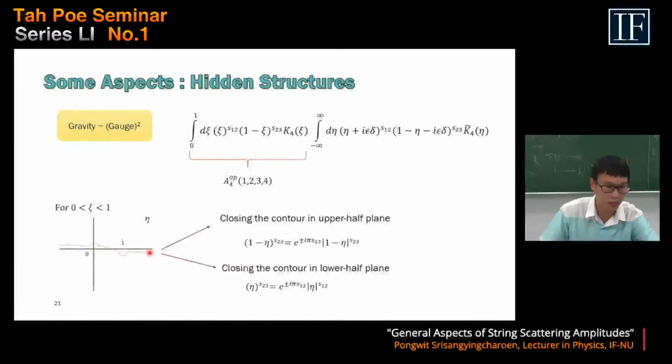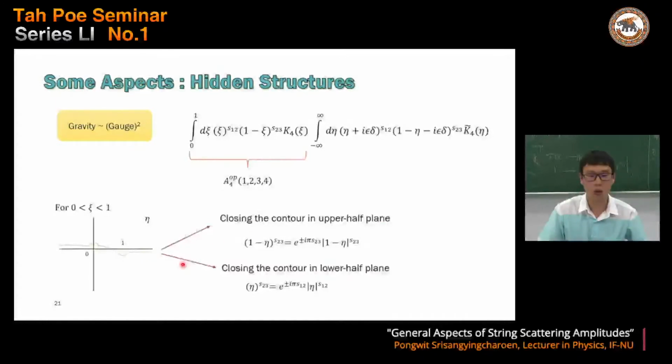It allows us to close the contour on either the upper half or the lower half, right? If we close the contour in the upper half, that means the contour is deformed to the contour of integration from minus infinity to 1, closing around 1, and then traveling from 1 to infinity.